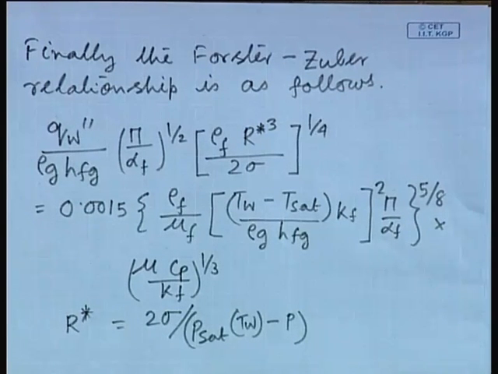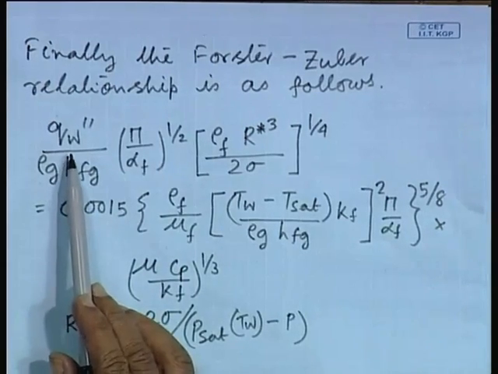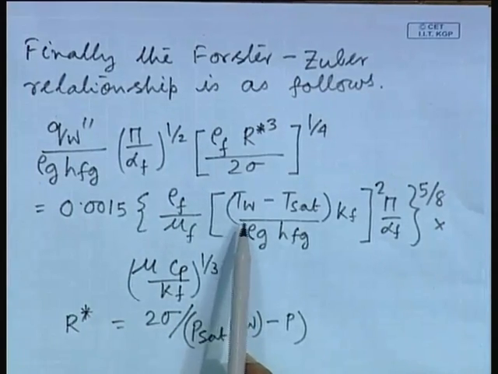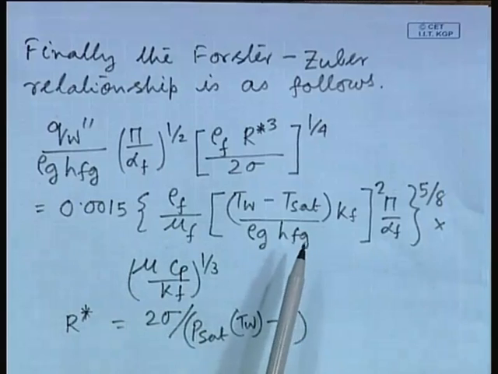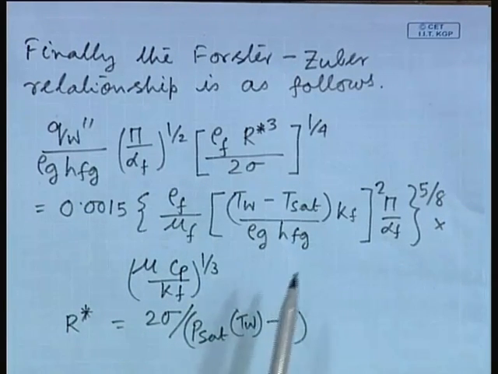Now, the problem with this Rosenow model is that Q is directly proportional to delta T. Heat flux is proportional to delta T. This seems very logical, but there is one difficulty, that during experiment, as I have already mentioned, if you provide Q and delta Tw some sort of a relationship, that delta Tw should be Tw minus T saturated, not the actual temperature of the bulk of the fluid.